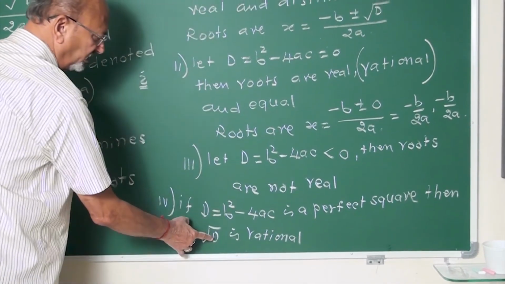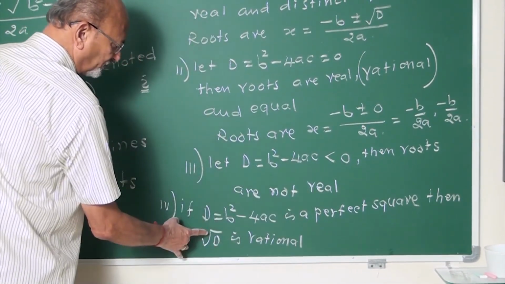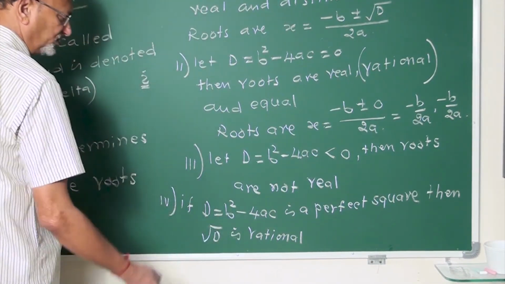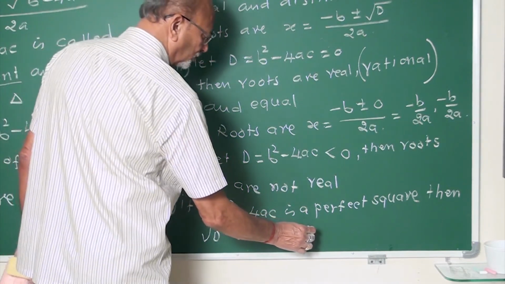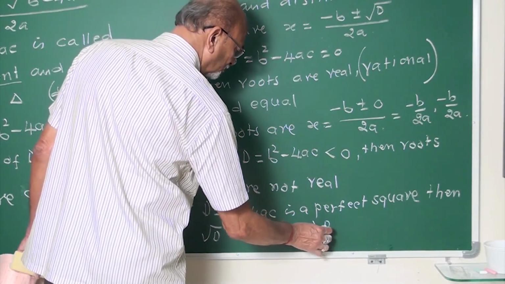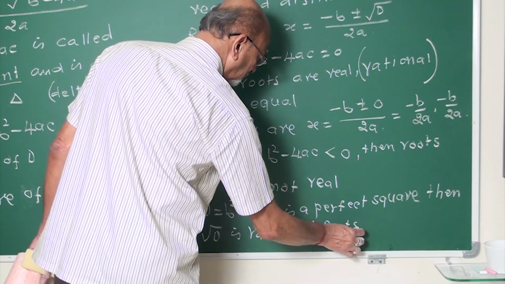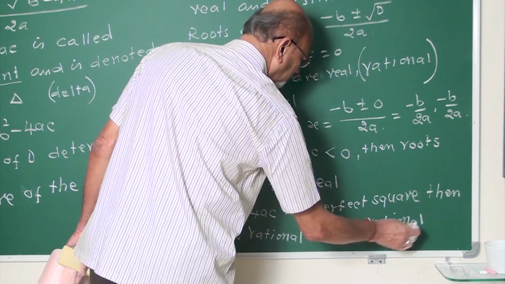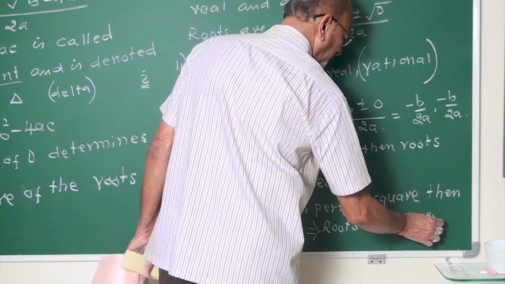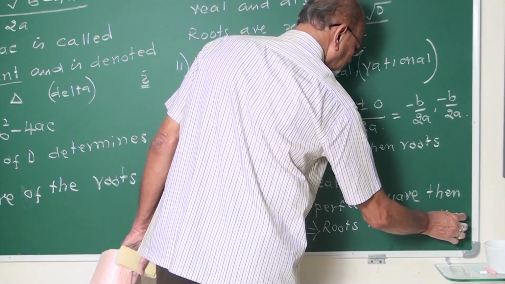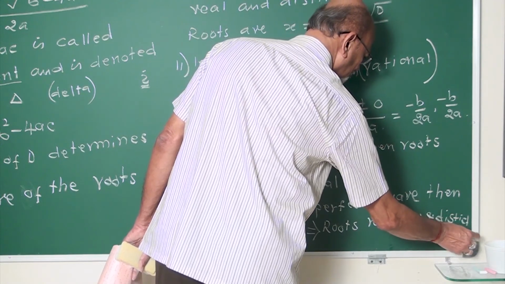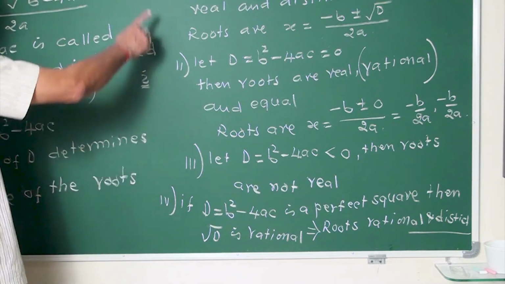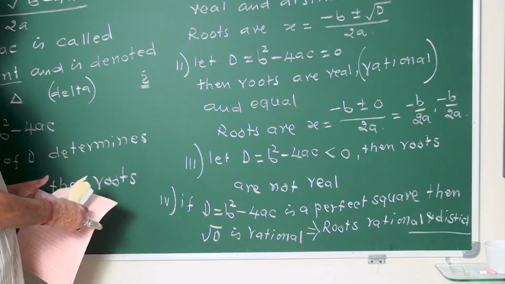Why, my friend? Because d is a perfect square, and the square root squared is d itself, which is rational. Therefore, roots are rational and distinct. These are four different cases, my friends.